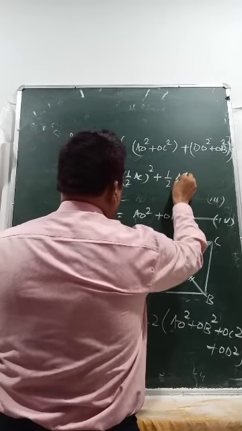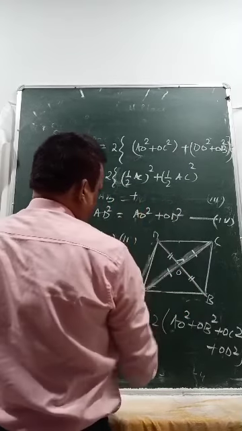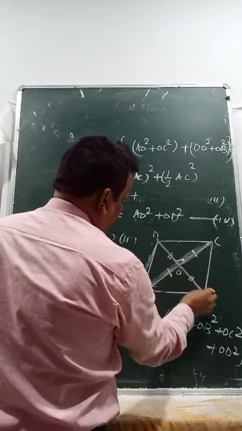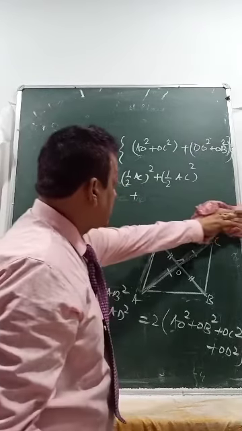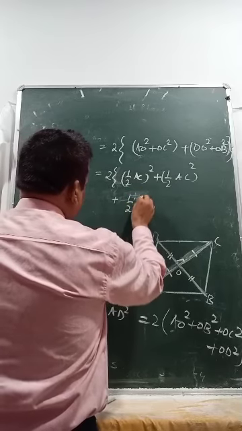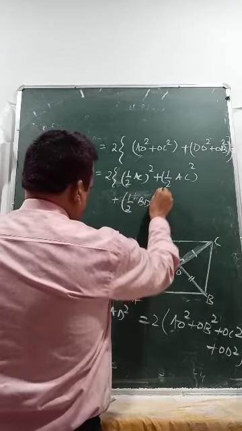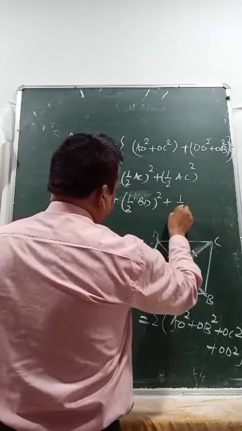Half of AC square plus DO is half of BD square plus OB is also half of BD square.